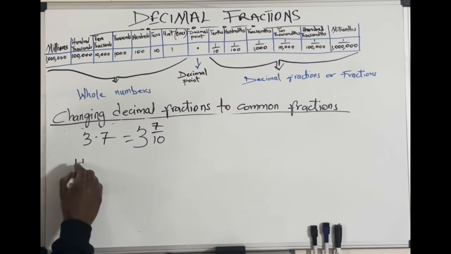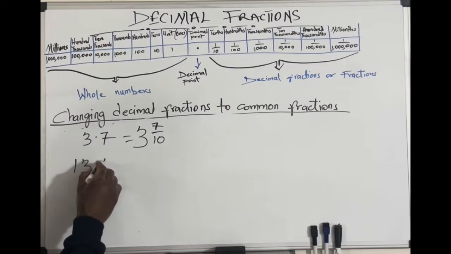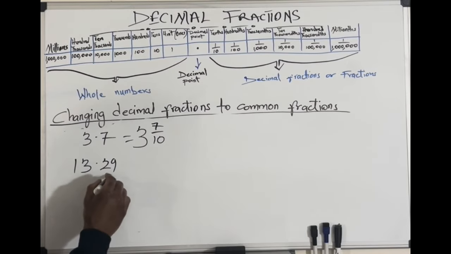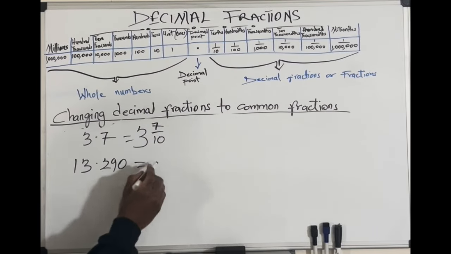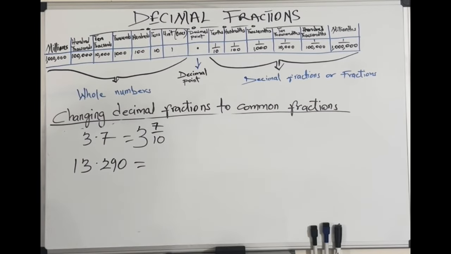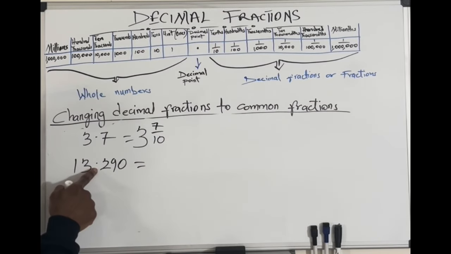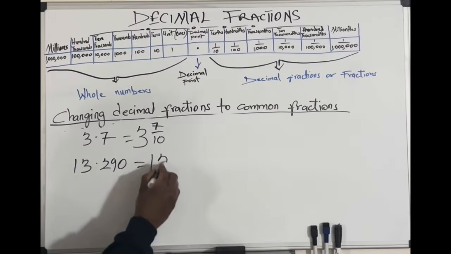Let's write 13.290. And then we are told to change this decimal fraction to common fraction. Again, there's a point. On the left is what? Whole number. So 13 whole number.